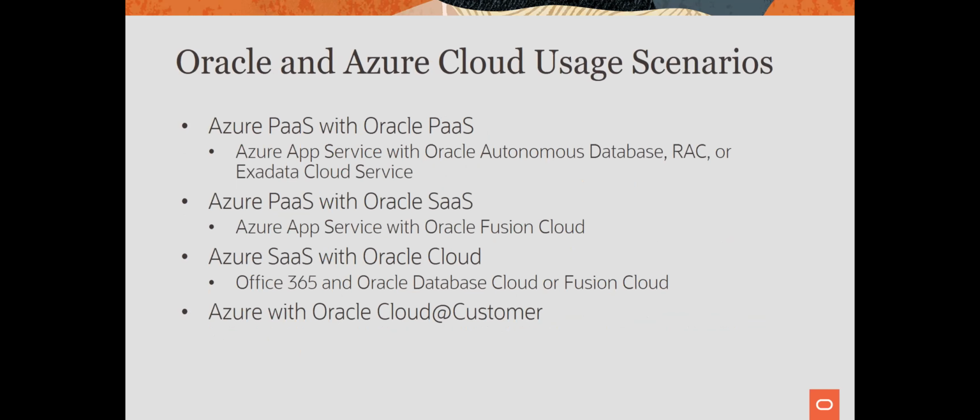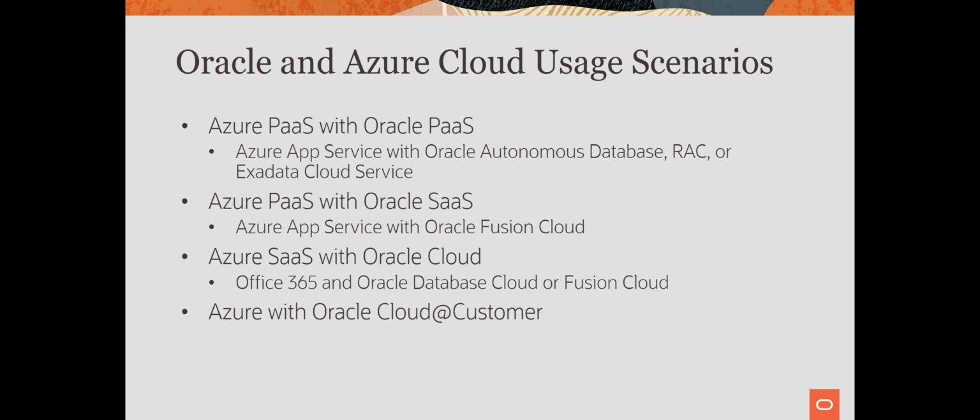So the common usage scenarios we're seeing customers use between Oracle Cloud and Azure are Azure PaaS with Oracle PaaS. So something like Azure App Service with Oracle Autonomous Database, with Oracle RAC in the cloud, or Oracle Exadata Cloud Service.